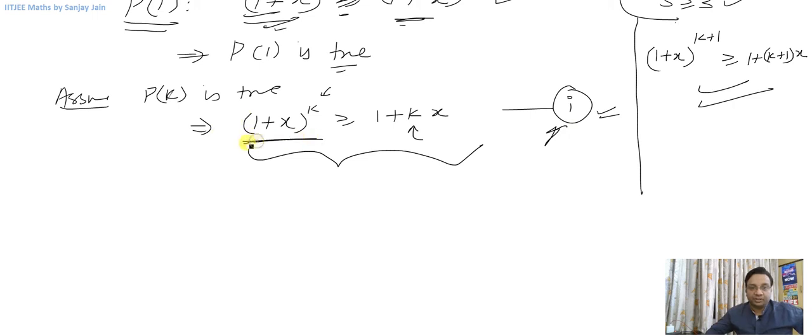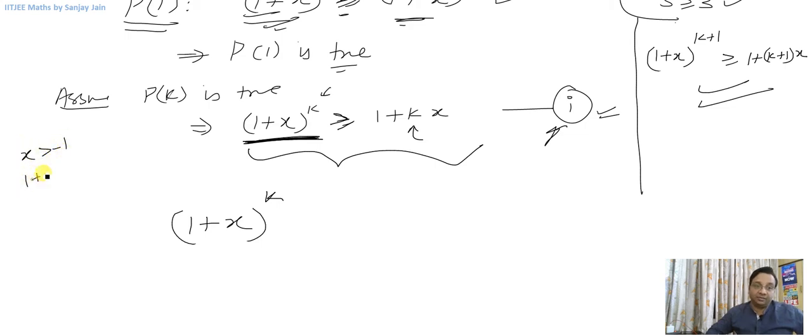So now let us use the left side of this inequality, 1 plus x raised to power k. You see this is an inequality, so I can very well multiply both sides of this inequality by something positive. In the beginning of the lecture, I told you that x is given as greater than minus 1.